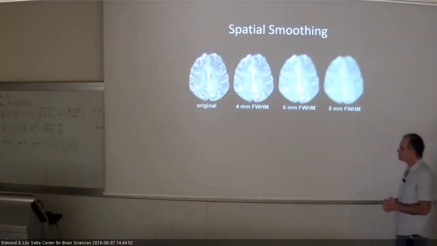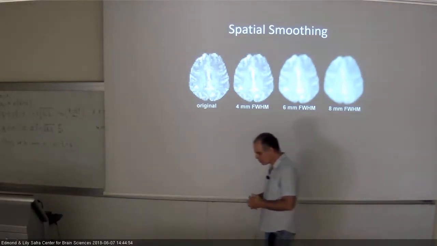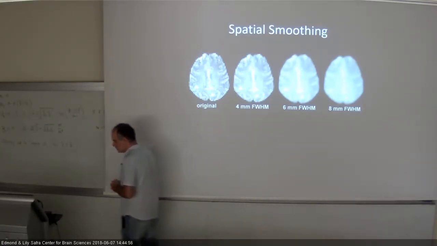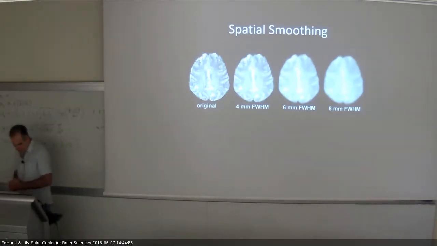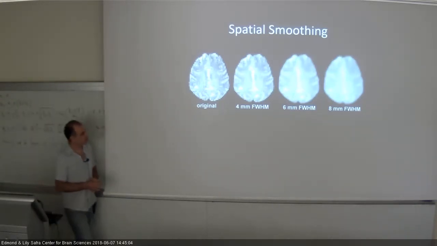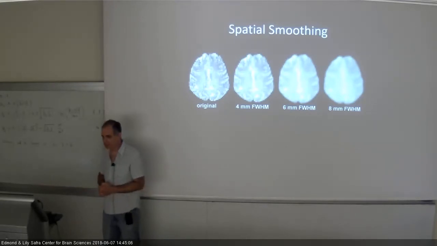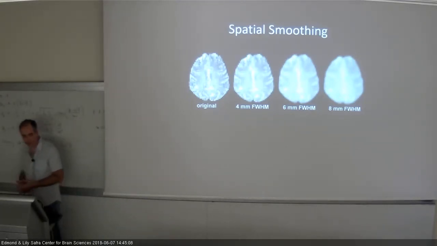So spatial smoothing, that's the first thing we'll talk about. Without getting into the algorithm, we have the original data, which today is either 3 by 3 millimeter voxels or 2 by 2, even 1 by 1 if you have a strong enough magnet. You have an intensity for each voxel, and you might want to smooth this by averaging with neighboring voxels.